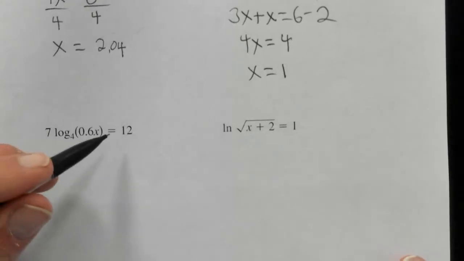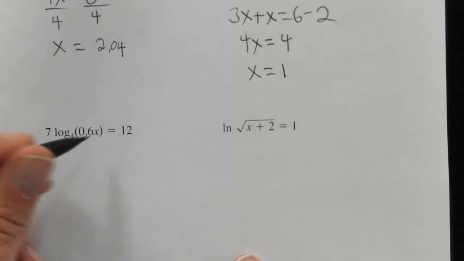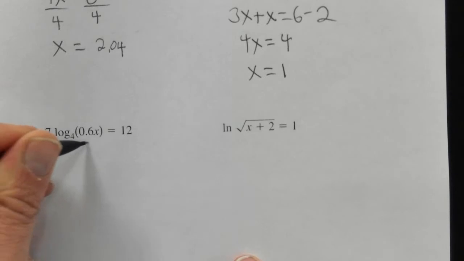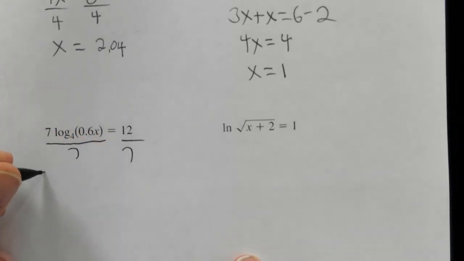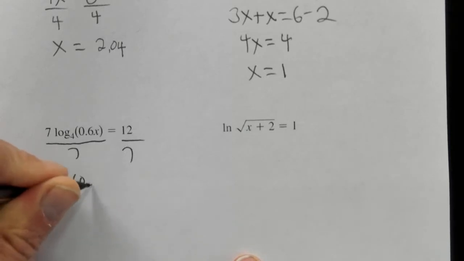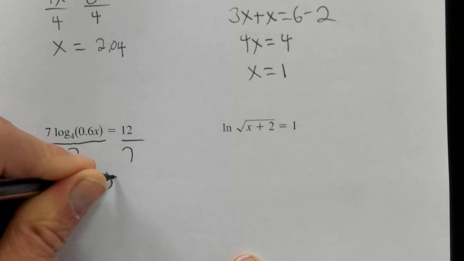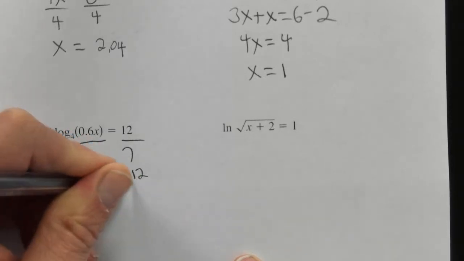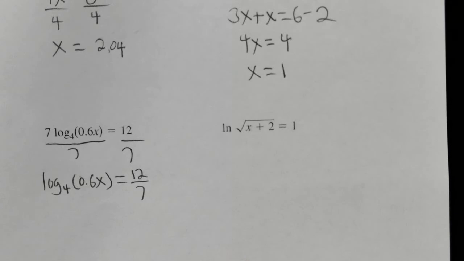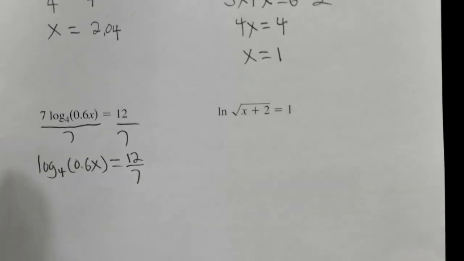So here on this one, first thing I want to do is to try to simplify that log term by just dividing both sides by 7. And so I'll have log base 4 of 0.6x equals, let's just leave it as 12 over 7. Okay, so now I'm ready to rearrange it and put it in exponential form, right?